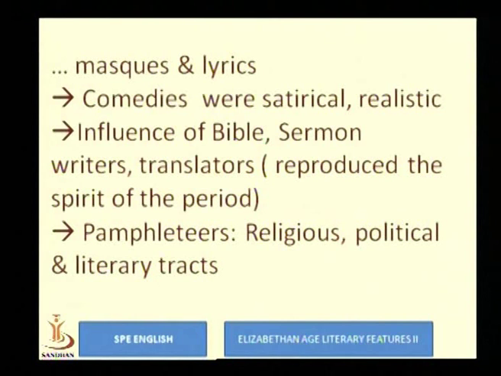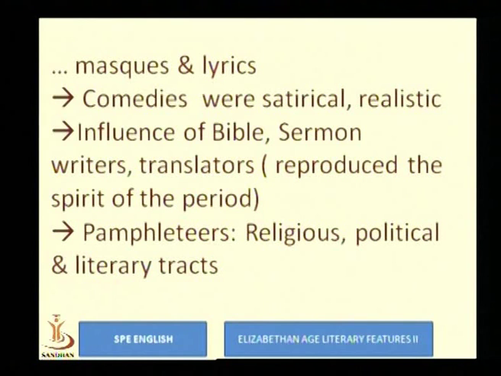These translators brought in a lot of material from different places of Europe. They tried to translate them and made them available for the people of England. Therefore, translation itself is a major literary feature, and it is because of this activity that a lot of knowledge, the enlightenment or the reawakening or the Renaissance, came about. Translation played a major role in reproducing the spirit of the period.